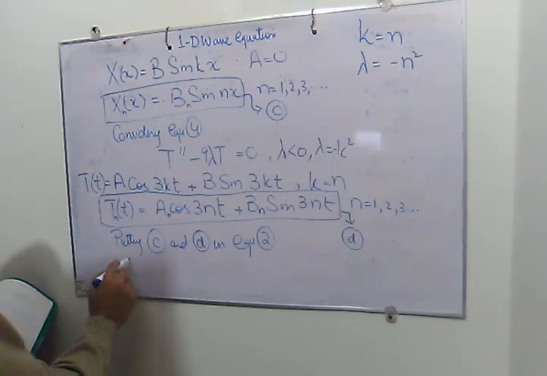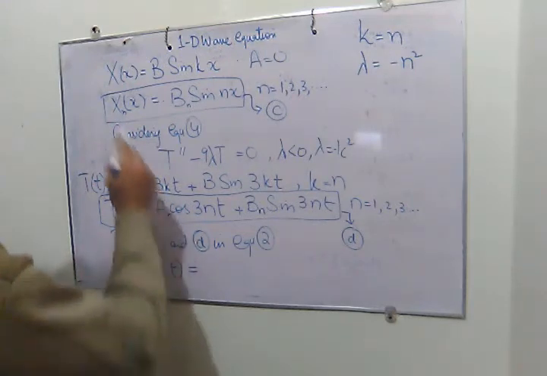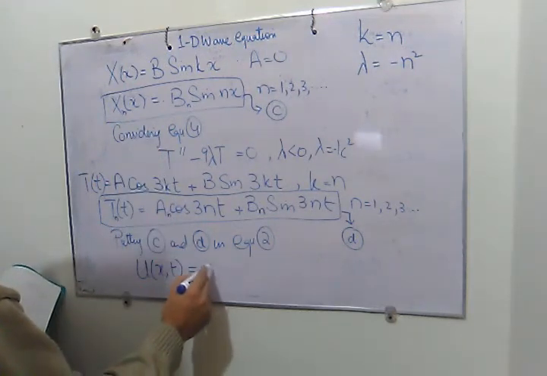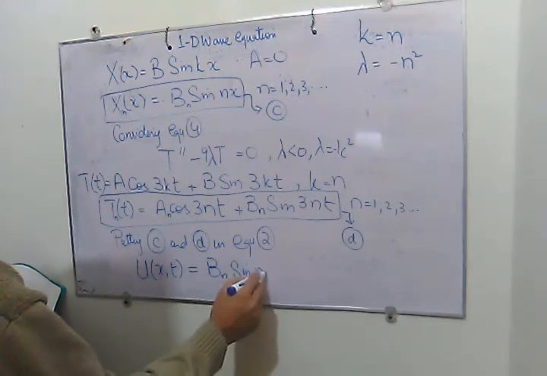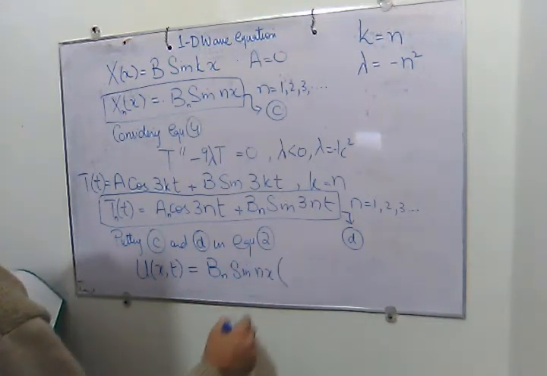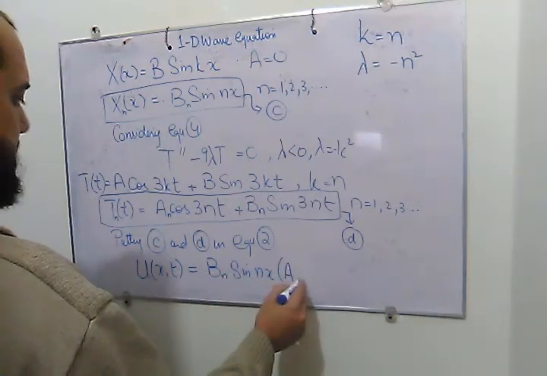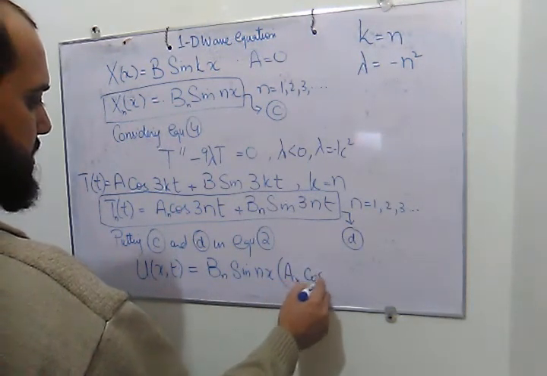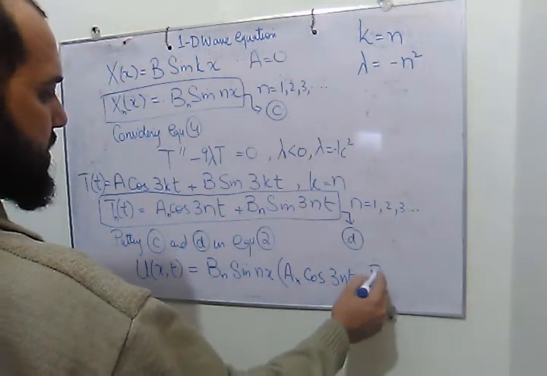Equation number 2 becomes, when we put the x solution, b_n sine nx into T of t, which becomes a_n cos 3nt plus b_n.